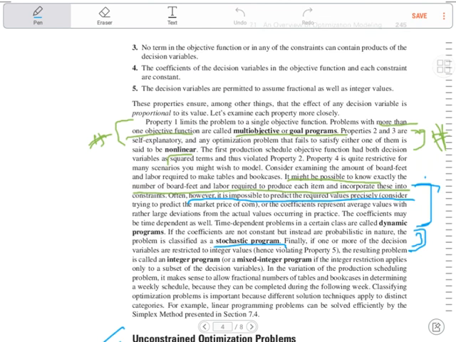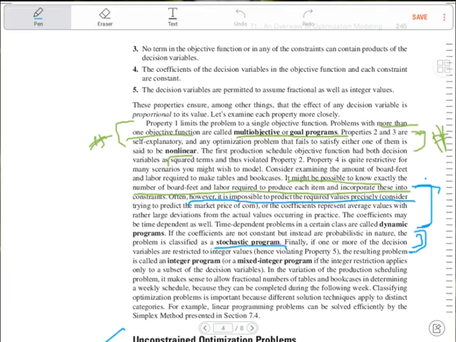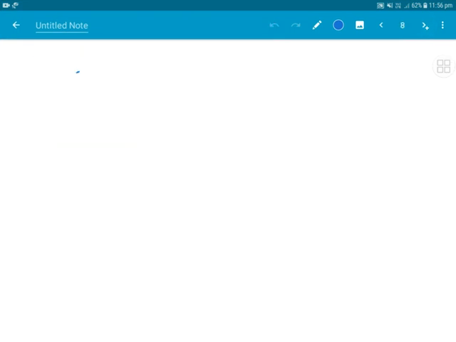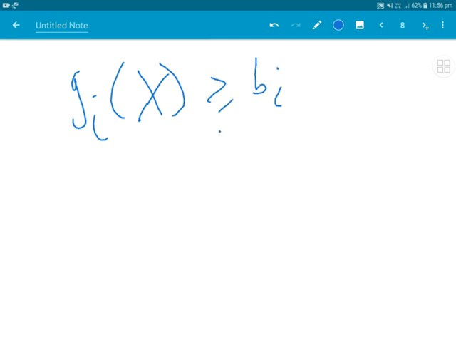Another thing is the stochastic program and the dynamic program. Suppose the constraints which we are saying, G(i)(x) greater than or equal to Bi, or equal to Bi, or less than or equal to Bi, whatever, it doesn't matter.